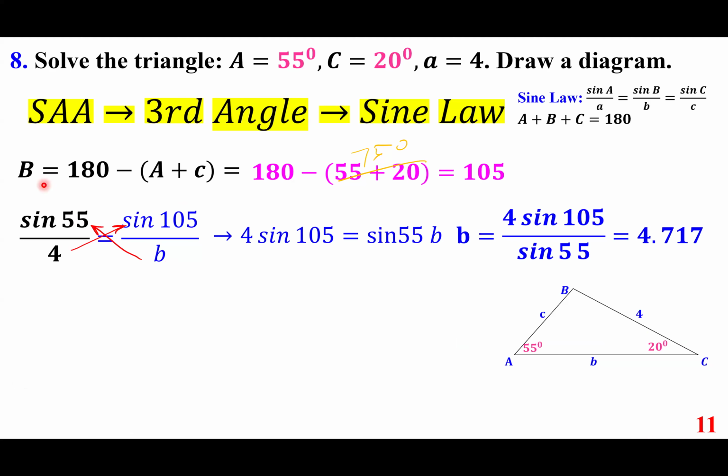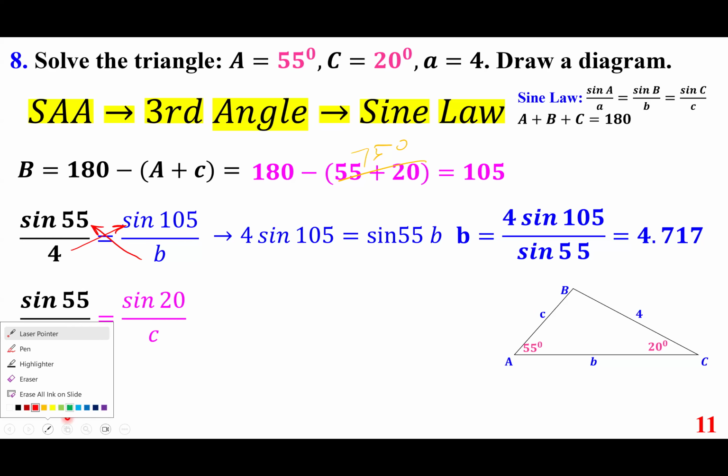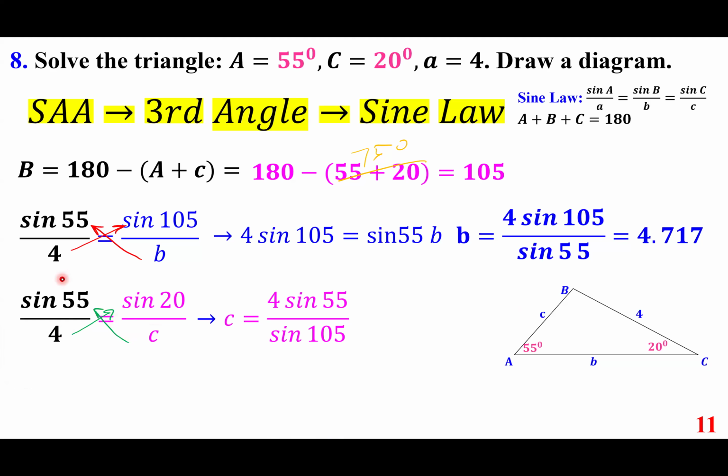Now, again, we use the same thing, but this time sine of 20 over c. So c is 4 sine 20 over sine 55. Putting it into a calculator results in 1.670.